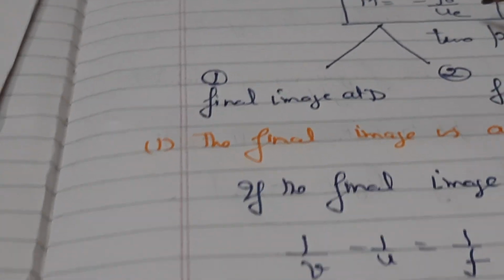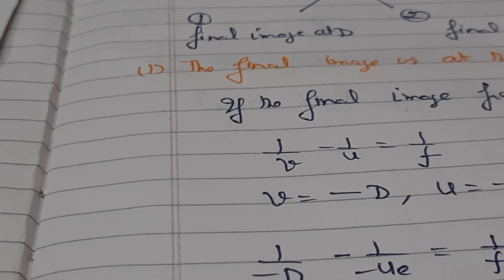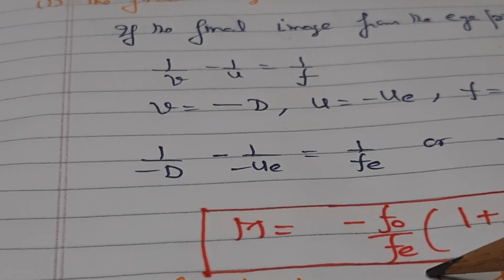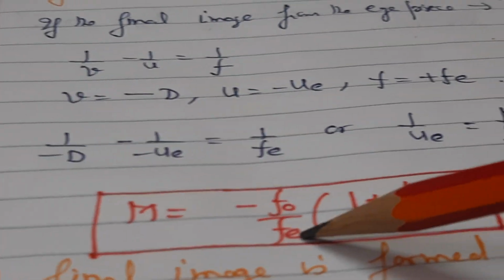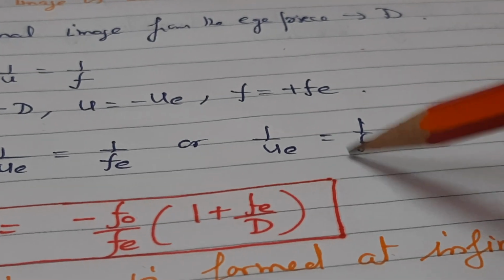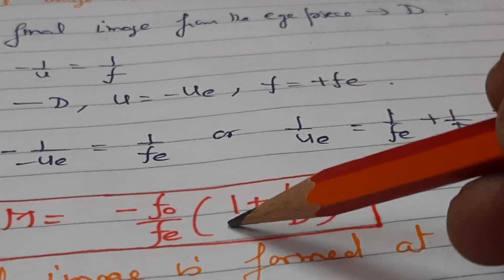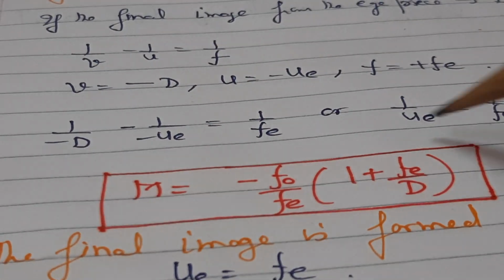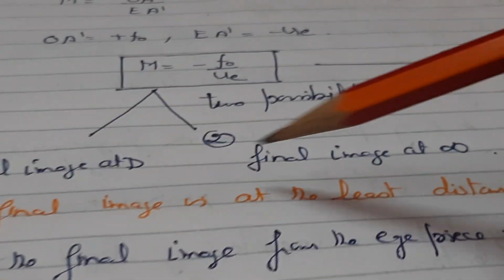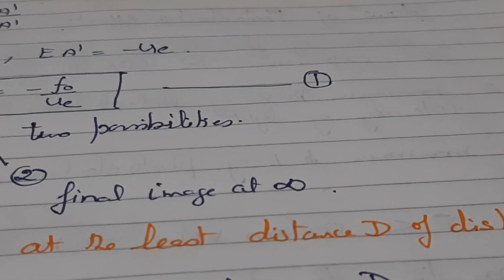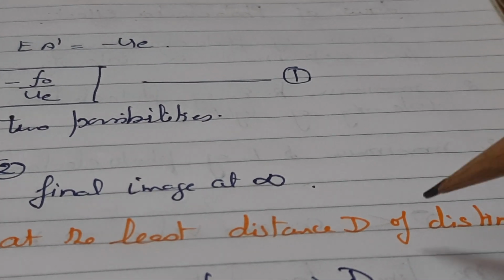M is equal to minus fo upon ue. So here we will substitute the value, so fo upon ue, 1 upon ue is 1 upon fe plus 1 upon d, this we will write. If you take 1 upon fe common, here 1 plus fe upon d. So this is the final formula when the image is forming at the least distance d of distinct vision. Keep in your mind, this is very important, generally asked.